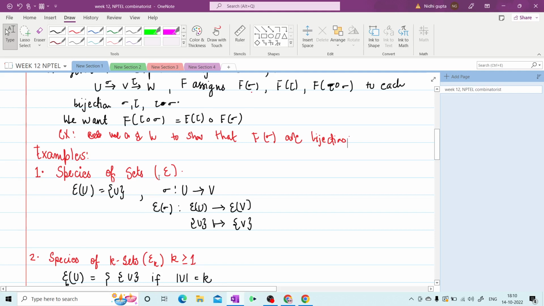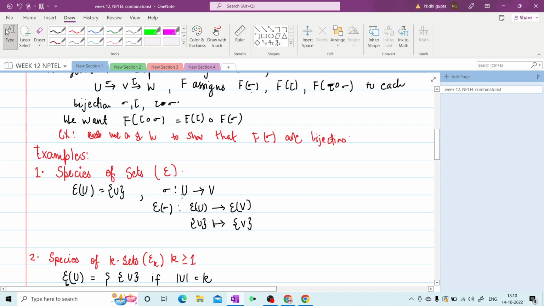So how are we defining it? We are sending any finite set U to the singleton {U}. So we are sending each finite set to a set containing one element, and that one element is the set itself.